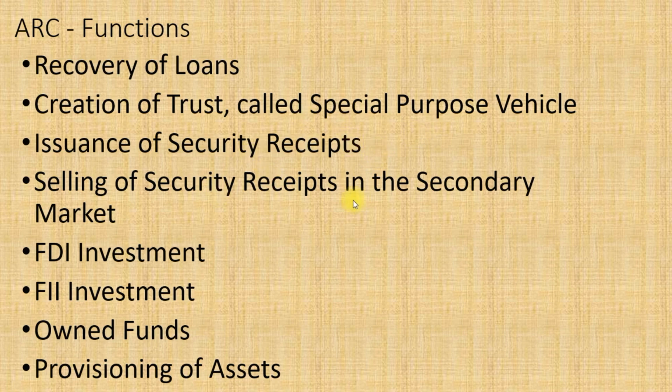So selling of security receipts is also another function of ARC. However, the security receipts can be sold in secondary market as swaps, and the known information is that in terms of trading, these receipts do not participate in trading and remain unlisted. That is the information we have on security receipts issued by asset reconstruction company.